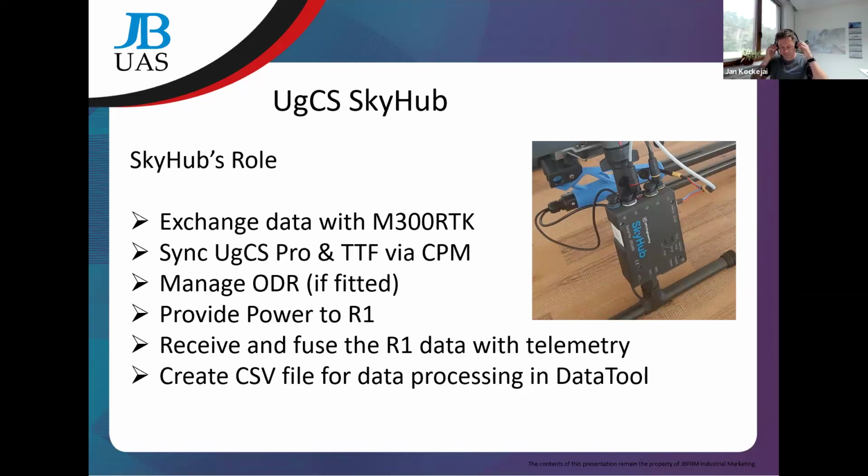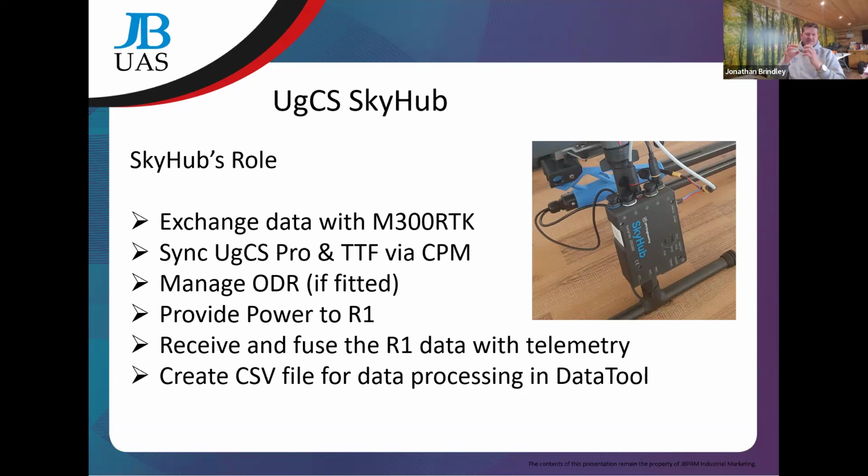The other role of SkyHub is to provide the power to the R1, and also to receive and fuse the R1 data with telemetry. So this is where we deviate from the R3 and the R4. Those who know the R3 and the R4 will know that the data is essentially recorded in the R3 and R4.